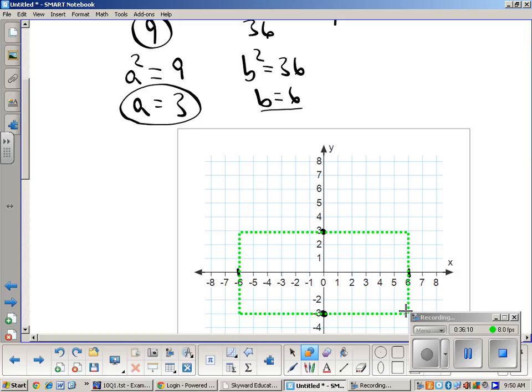I could, but they're not really points on the graph. I'd like to make the corners dots. I'm not going to beat you up, however it helps you to think about that. I just want you to know the distance from the center. The distance from the center to this edge of the rectangle has to be 6 because of that, and the distance from the center to this edge has to be 6.